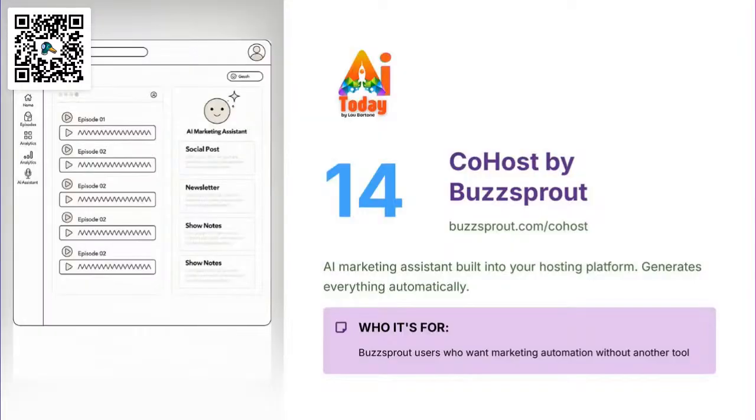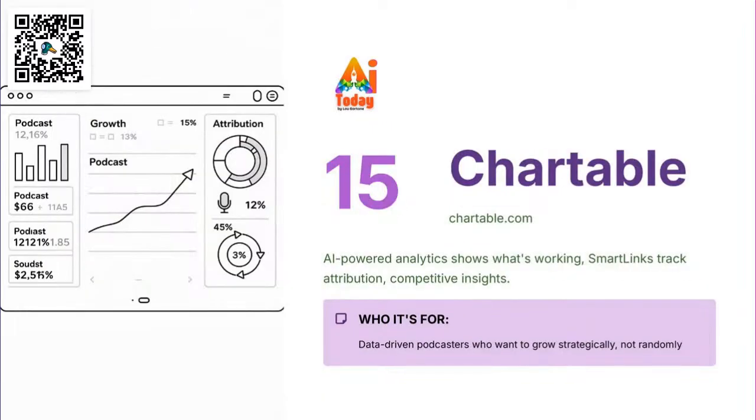And next up, if you're using Buzzsprout, they have a tool called Co-host at buzzsprout.com/co-host. This is another AI marketing assistant that is built in to your hosting platform, and it generates everything automatically. So if you're doing your podcast on Buzzsprout, make sure you are utilizing Co-host.